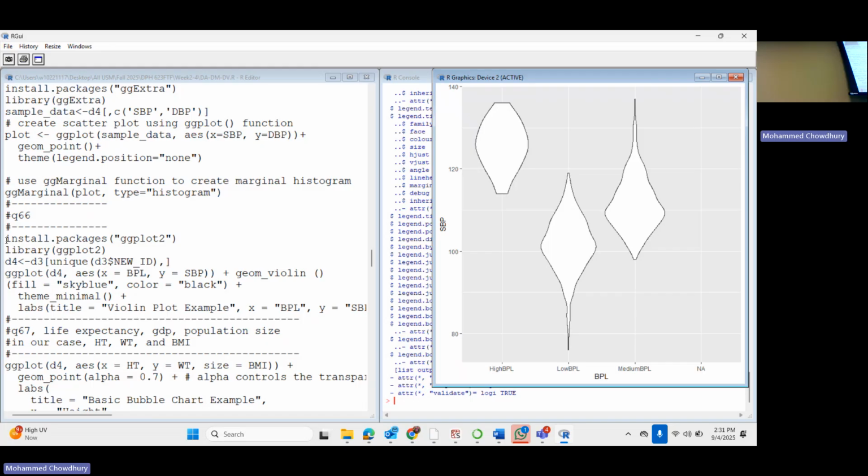So in this way, for the medium blood pressure one, are you seeing only a few observations at the extremely high end, and the rest of the data in the middle part, with a few in the top and a few at the bottom. So the entire data are shown in this graph. This is called the violin plot.